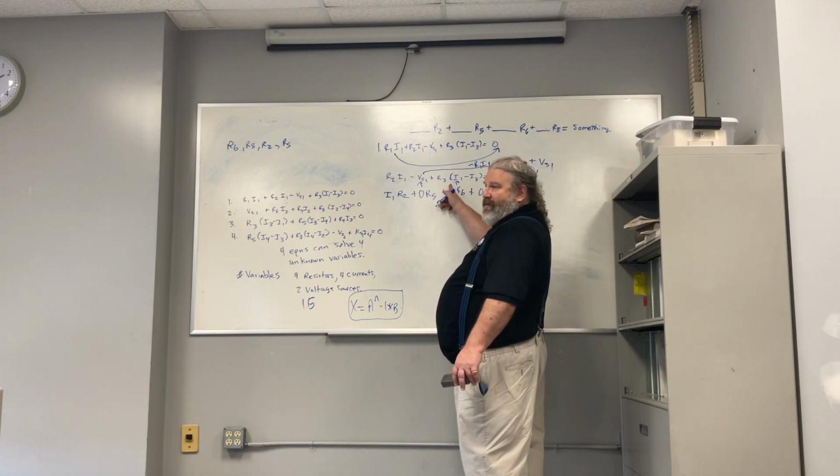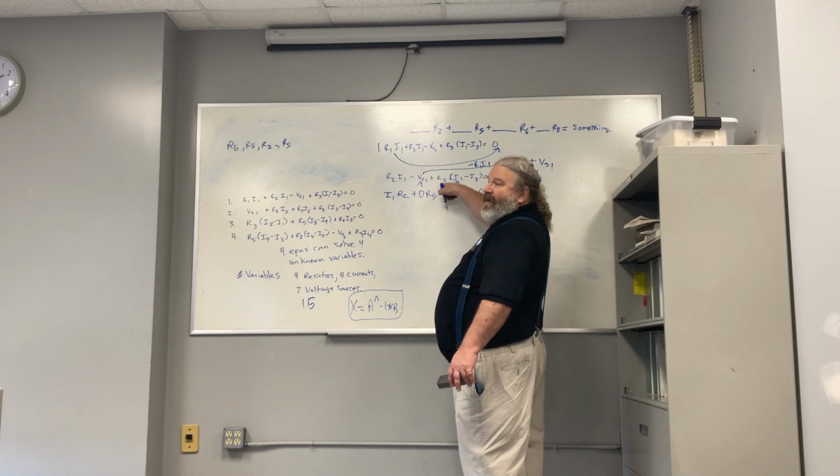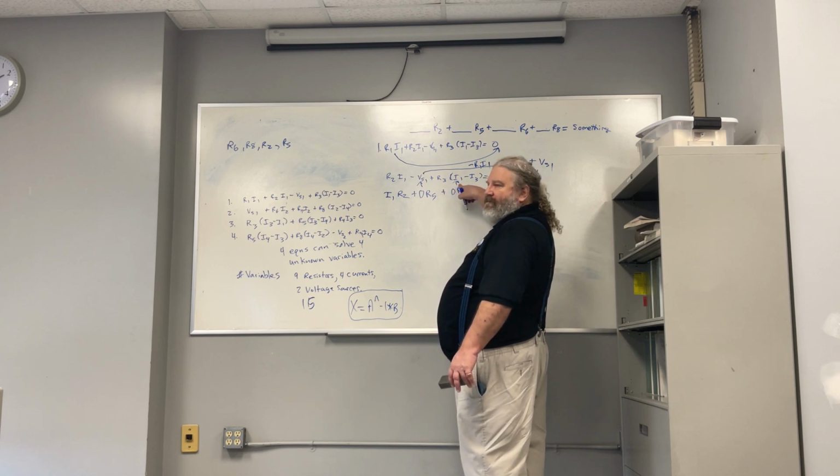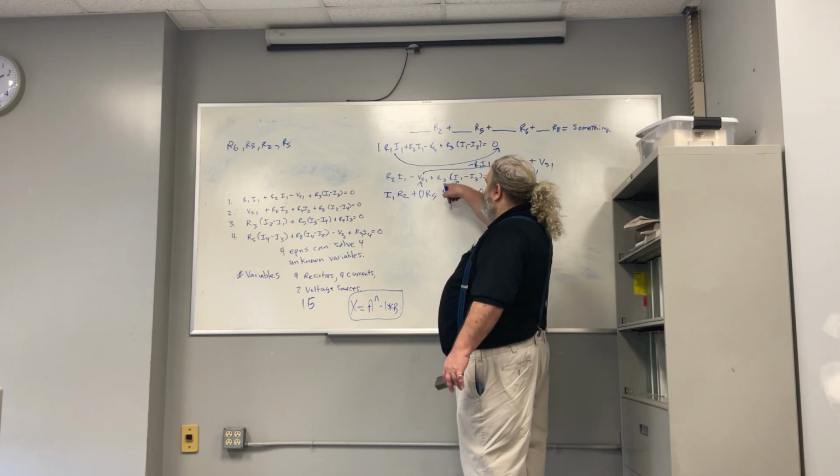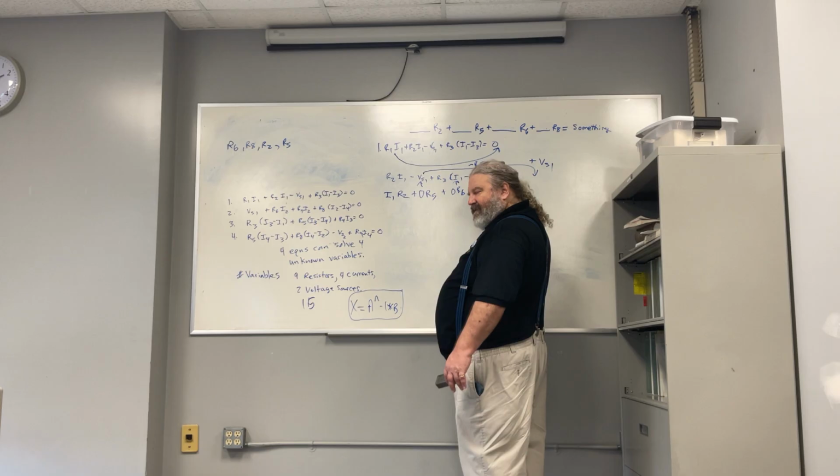Don't you have to distribute the R3 to I1 and I3? Is R3 unknown? No. Is I1 unknown? No. Is I3 unknown? No. Are you going to distribute? Why? To simplify it. Why would you simplify it? Leave it like this. Let MATLAB do the calculations. There's no variable here. So what am I going to do with it? Add it to the other side.